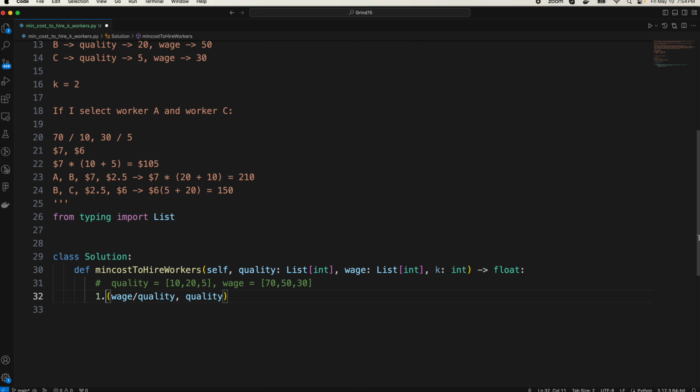Okay, we have this type of data structure, and we sort this based on the ratio of weights over quantity.